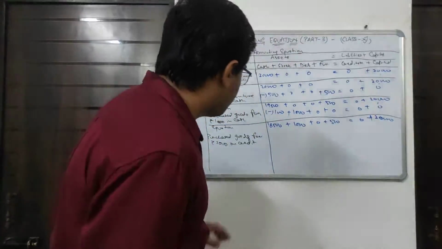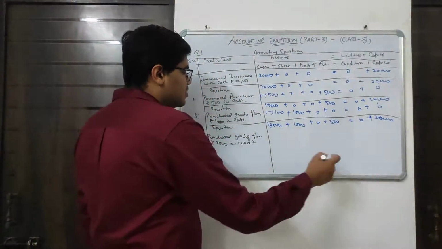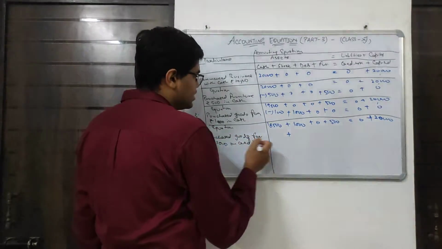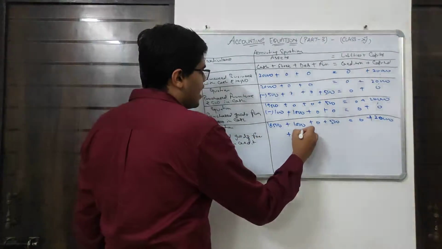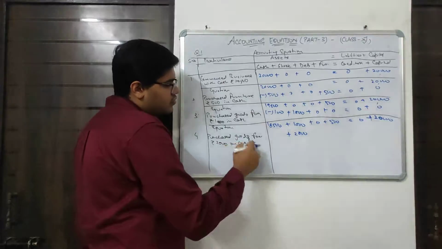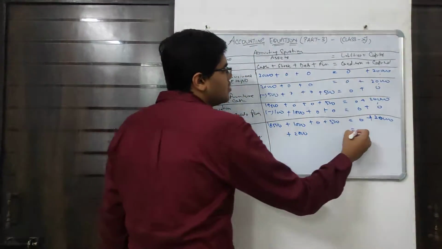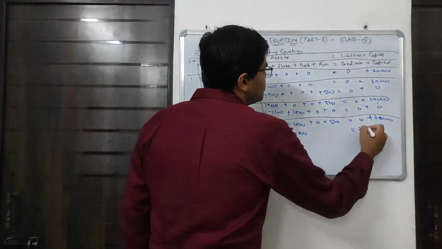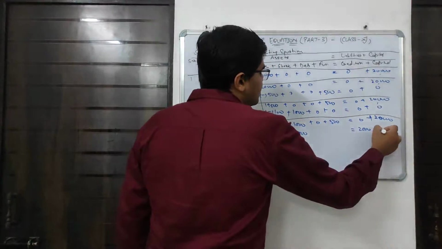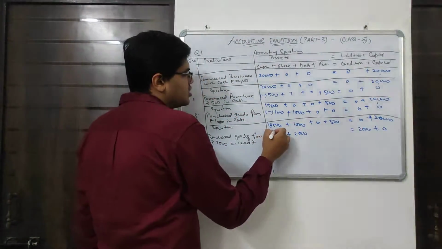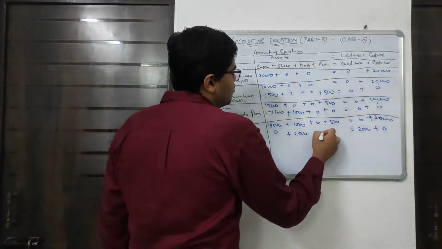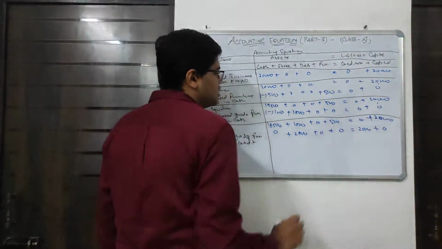Since we are purchasing the goods, the asset is coming into the business, so the stock increases by 2,000, and now we are purchasing the goods on credit, so our liability also increases by 2,000. So this should be added in the creditor, and no change in cash, no change in debtor, no change in furniture, and no change in capital.